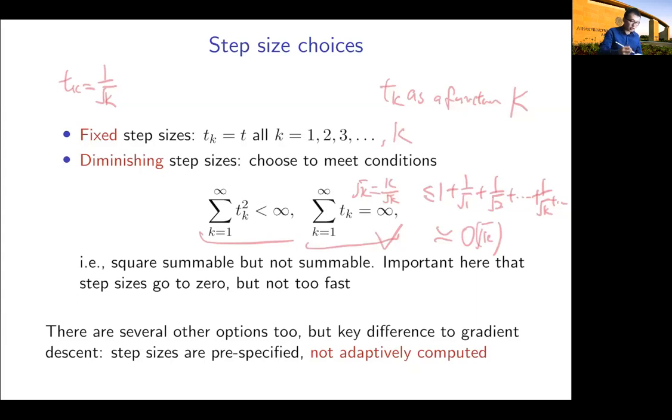So it checks this condition. However, let's check the first one, right? For the first condition, you have 1 plus 1 over 2 plus 1 over 3 plus ... plus 1 over k. Is this something that sums up to a finite number if you take the limit as k goes to infinity? Can anyone answer this?